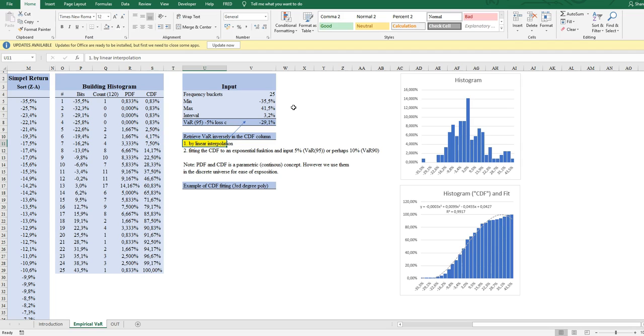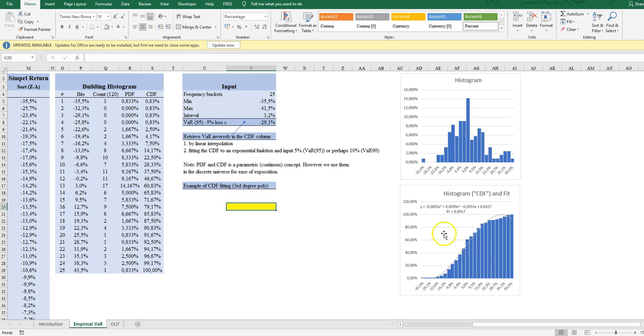But what I will do is just show you another way of calculating the empirical VAR, and that's by fitting the CDF as an exponential function like I have done here. And we have a fit of 99.17, so rather good fit.